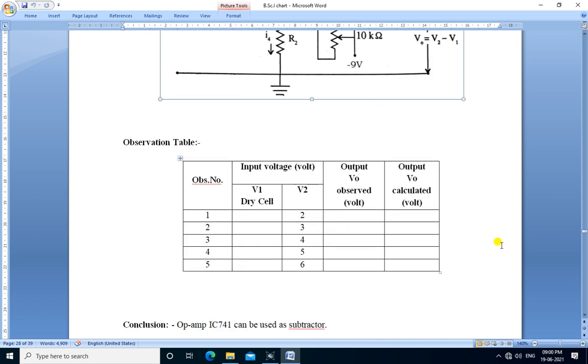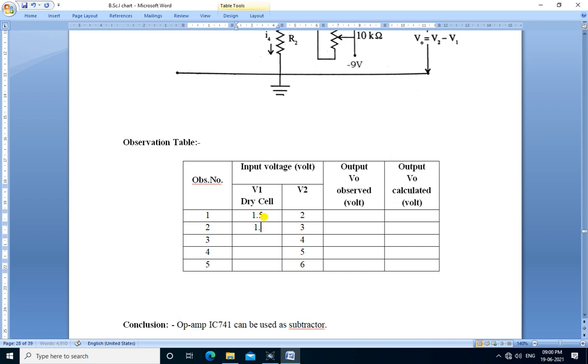This is the observation table of op-amp as a subtractor. We apply V1 from the dry cell, so the voltage is constant, that is 1.5 for all the readings.